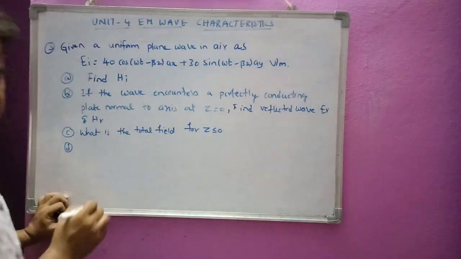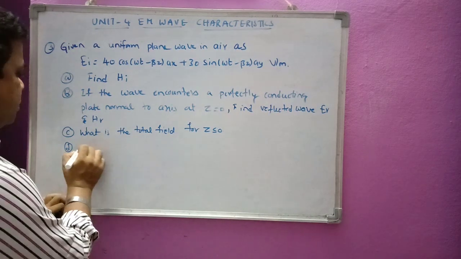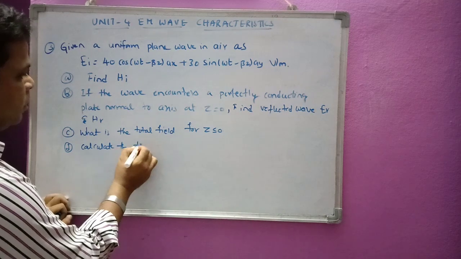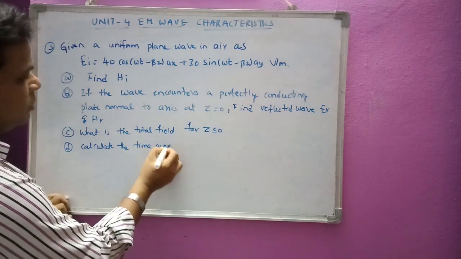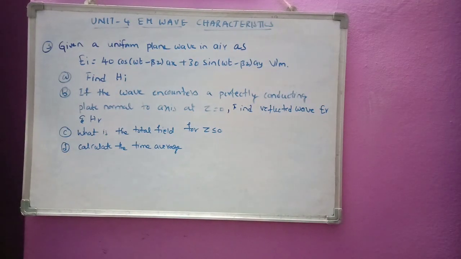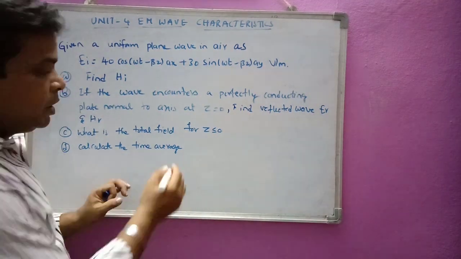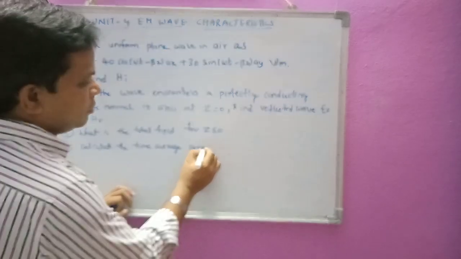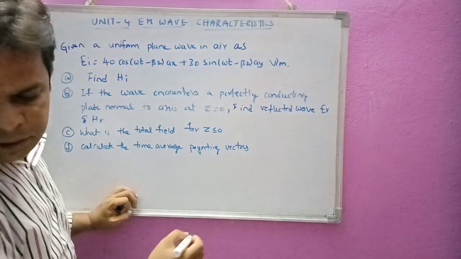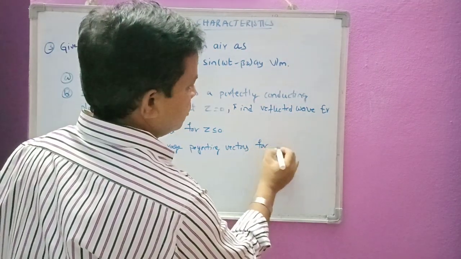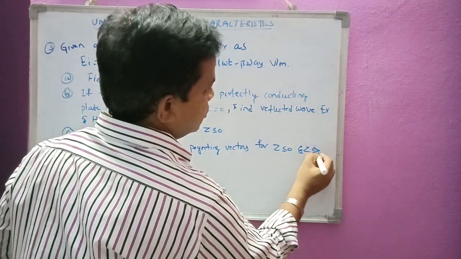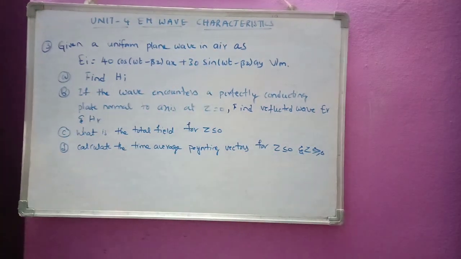And D, he has given: calculate the time average pointing vectors for z less than 0 and z greater than or equal to 0. So this is the question that has been given.